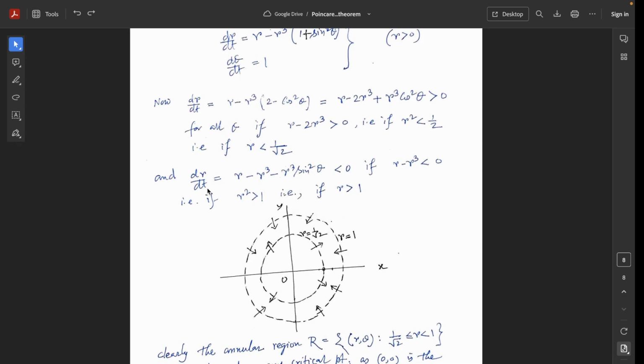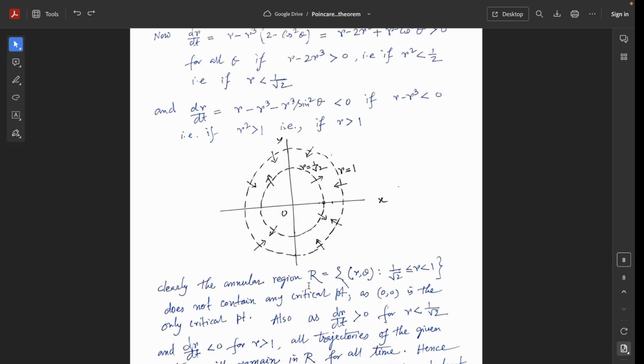On the outer circle dr/dt is negative, which means r is decreasing, so trajectories go in the inward direction towards the origin. And dr/dt is positive for r less than or equal to 1 by root 2, which means r is increasing, so the vectors point in the outer direction, away from the origin. So trajectories enter this region.